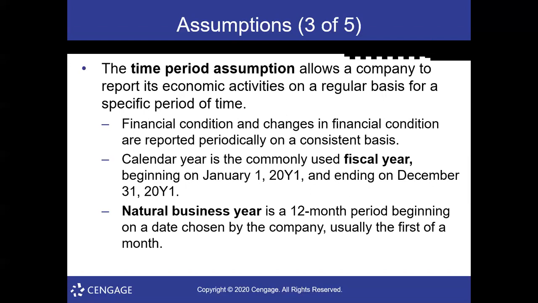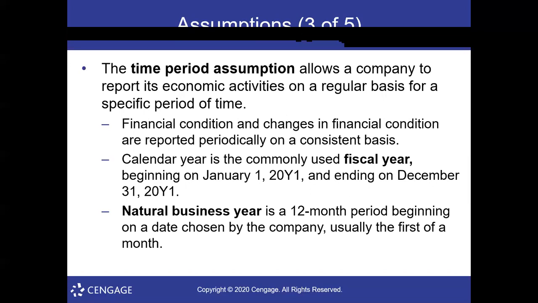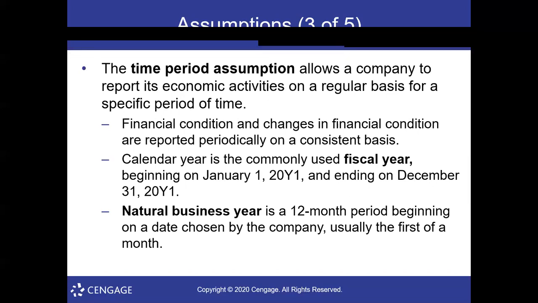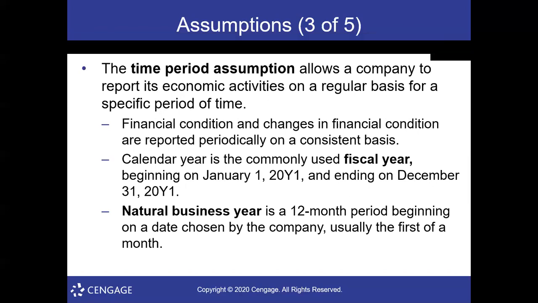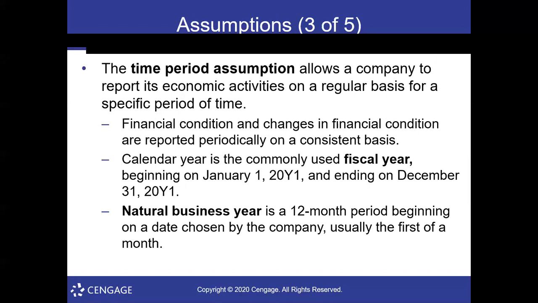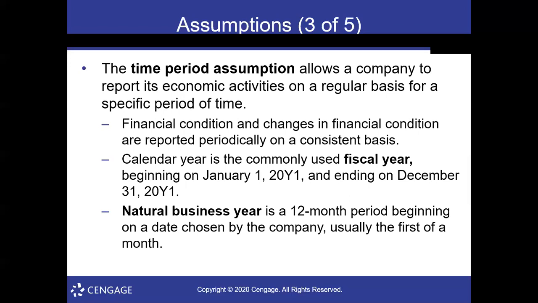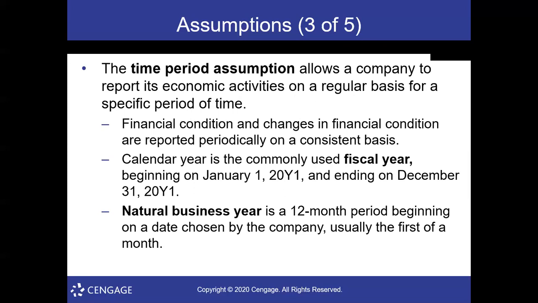Many companies use a calendar year, which is a January 1 to December 31st. However, a lot of companies use a natural business year. Companies such as Walmart and Target use a January 31st year end so that they can have the post year end sales after the holidays included in the financial statements.